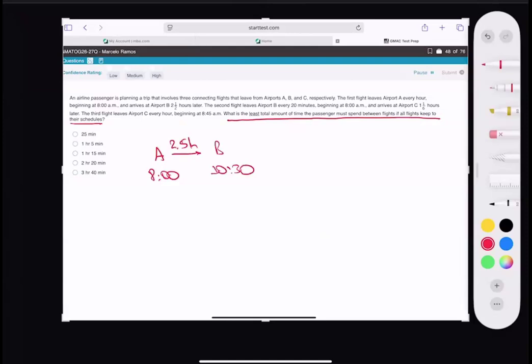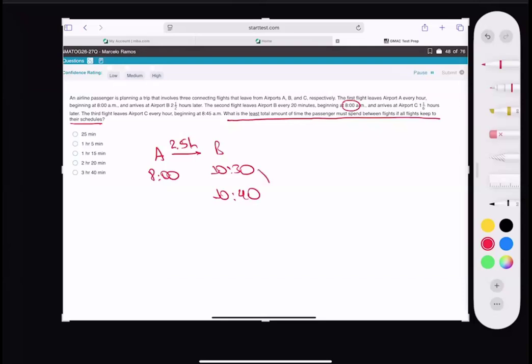Is that okay? At airport B, the second flight leaves every 20 minutes beginning at 8. So he needs to wait until 10:40. Do you guys agree? 10:40.